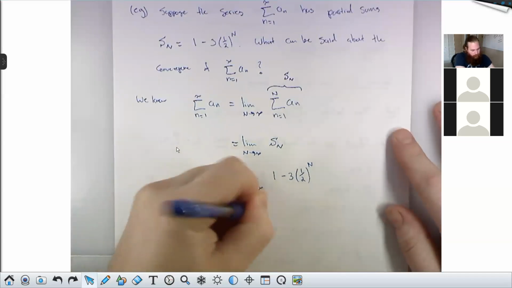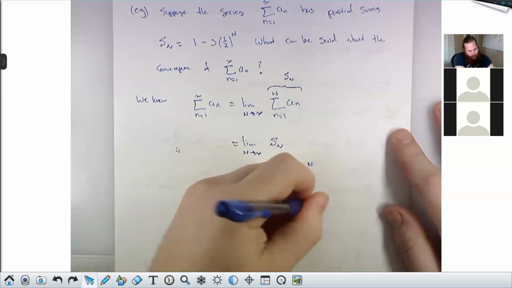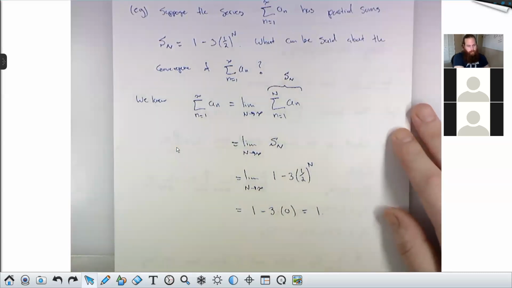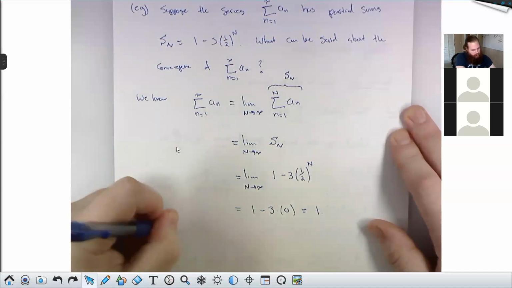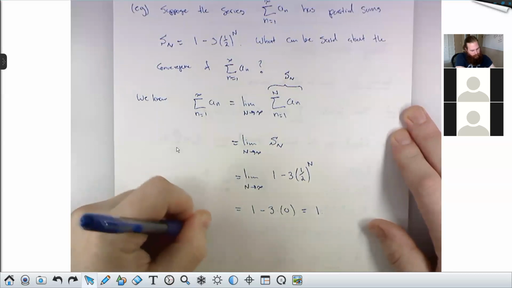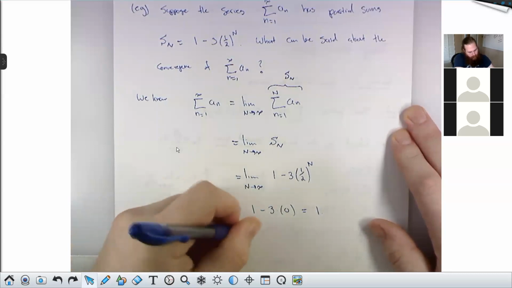So this is 1 minus 3 times 0, which is just 1. So the series sigma n from 1 to infinity a_n converges to the value 1.